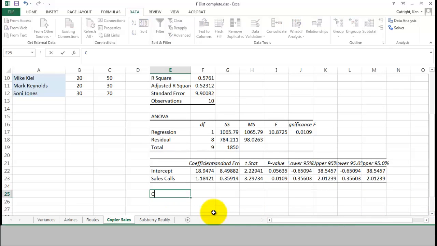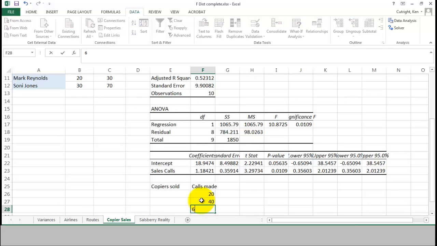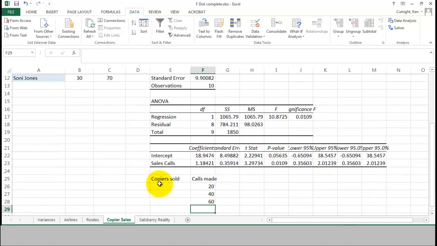And what I'm going to do now is just show you how we can do the calculation that we saw with the estimates. Copiers sold, and that's an estimate based on the calls made. So let's suppose we make either 20 calls or 40 calls or 60 calls. How would we estimate the number of copiers sold?